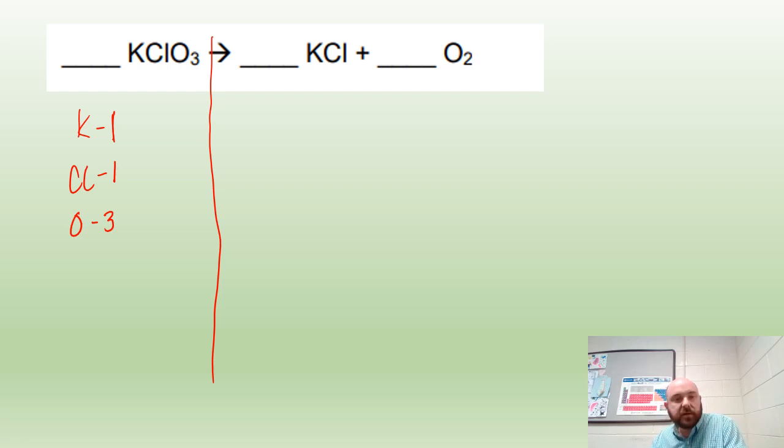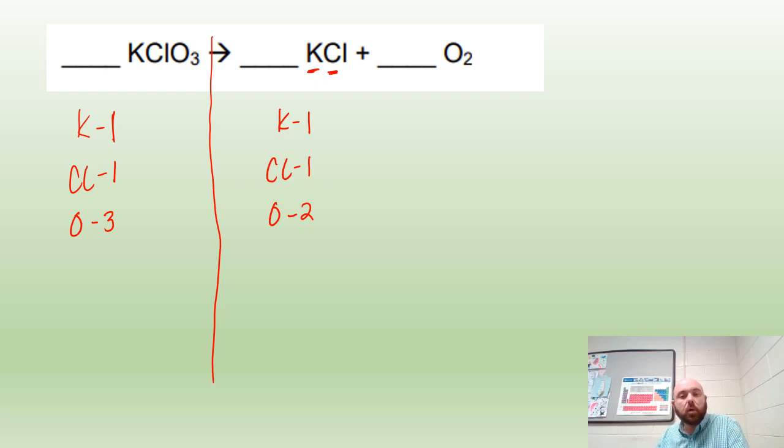And if I go on the other side and I count the same atoms, I see 1 potassium here, 1 chlorine here. However, on this side, instead of 3 oxygens, I have 2 oxygens. So I see there's an imbalance there. Now, for chemical equations, you cannot write anything except for whole numbers as coefficients.